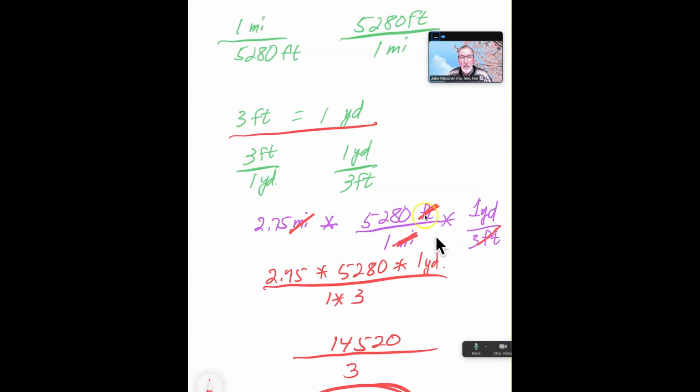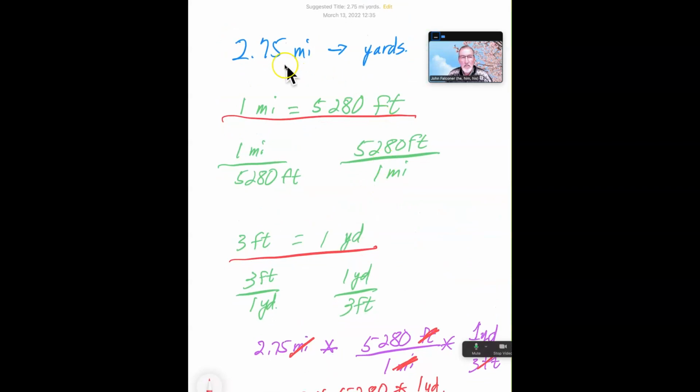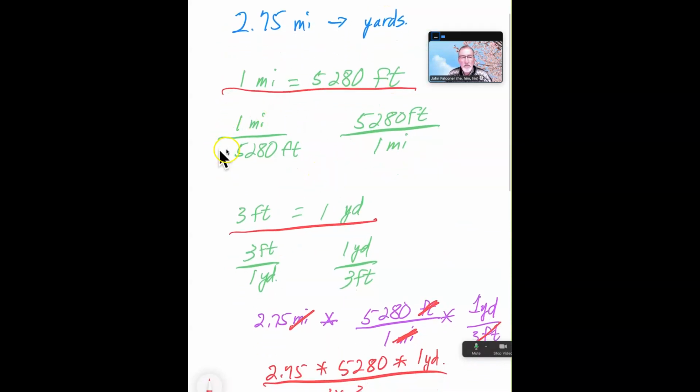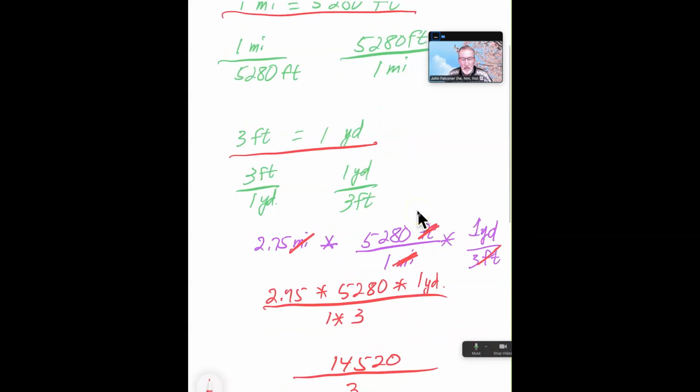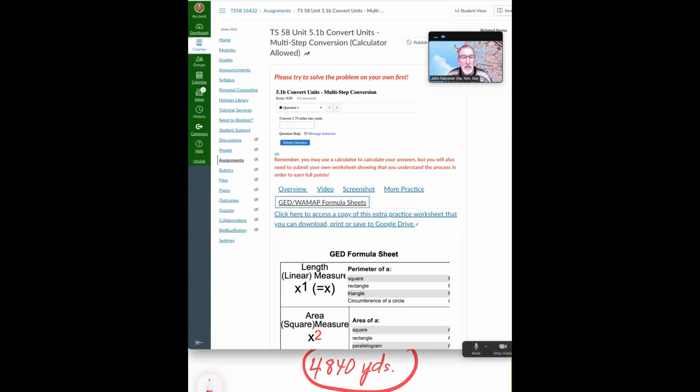So at the top, they're asking us how many yards is 2.75 miles. We got our conversion factors. We needed to use 2 because we didn't have one that was direct into yards. And we multiplied 2.75 times the number of feet per mile times the number of yards per foot. And then we got for our answer 4,840 yards. So that would be the answer we put in at WAMAP.